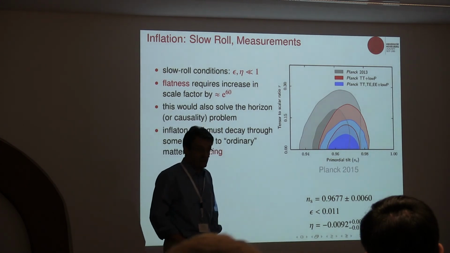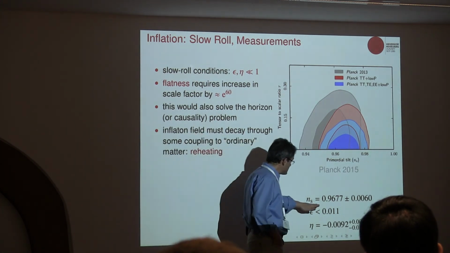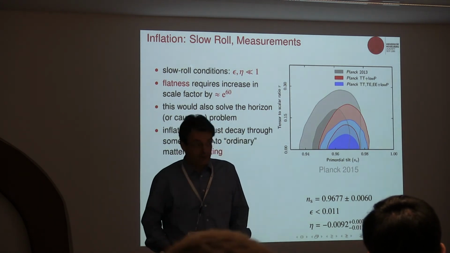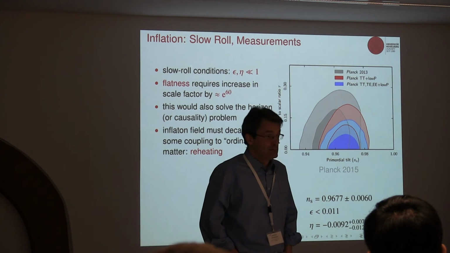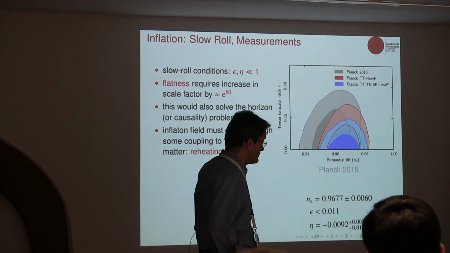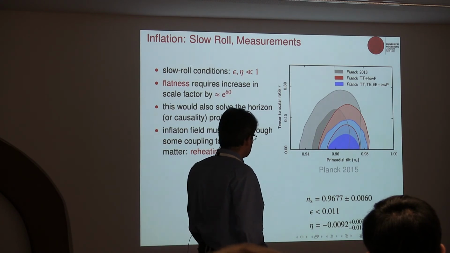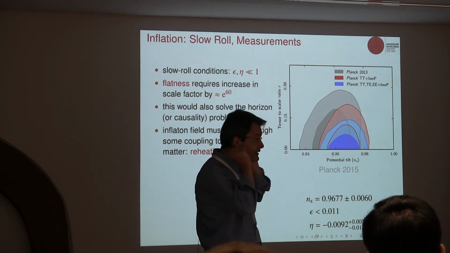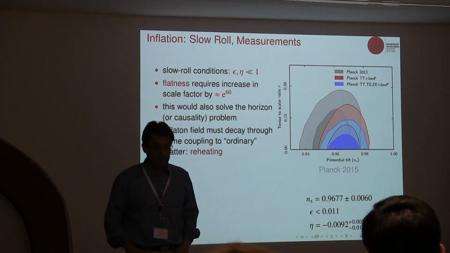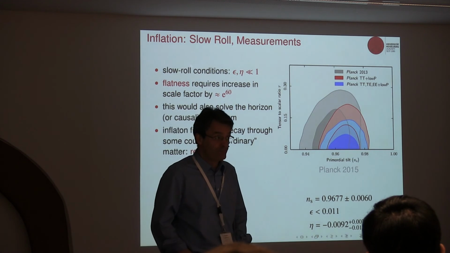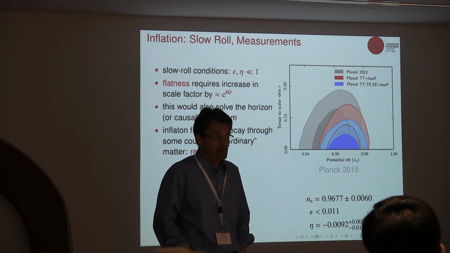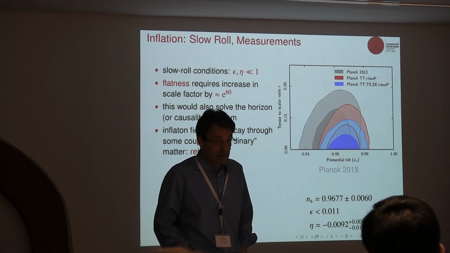Otherwise we wouldn't be here to observe it. And this means that n has to be almost 1. Otherwise inflation would not have been efficient. But not quite. Otherwise it wouldn't have ended. And it has been measured by Planck and other people to be 0.9677 plus or minus 0.006, right? So this is more than 5 sigma away from 1. And this fact is seen as a very strong indication that inflation may in fact have happened.